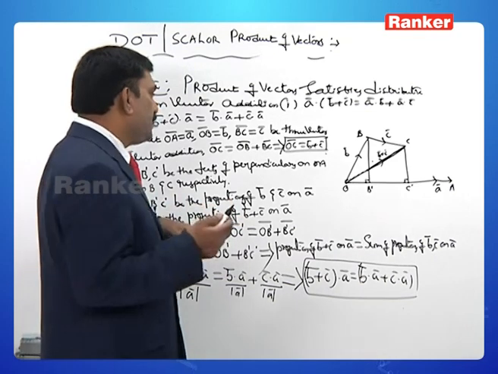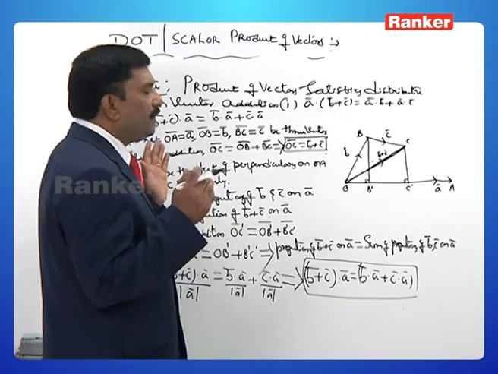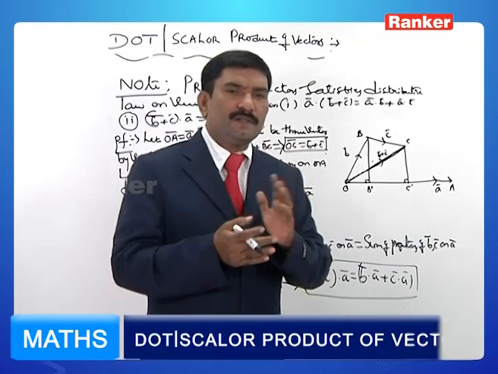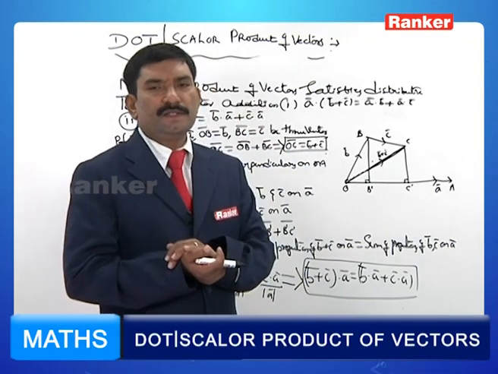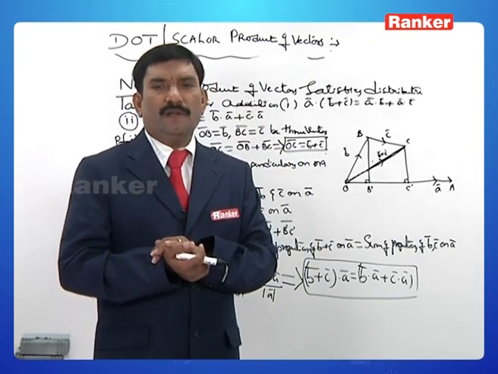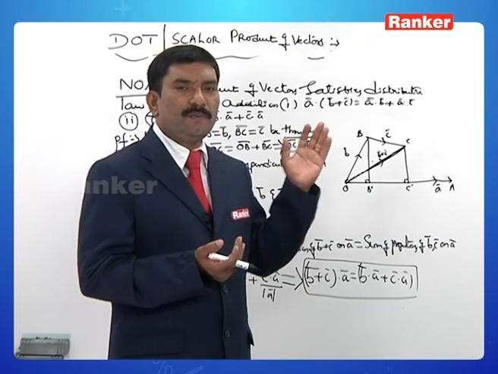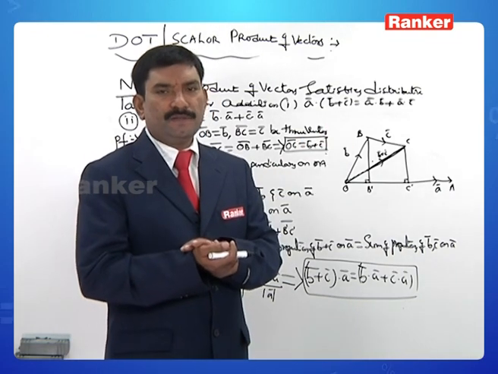Followed? That's right. So now the dot product of vectors satisfies the distributive law. You can go similarly and prove the first result also.